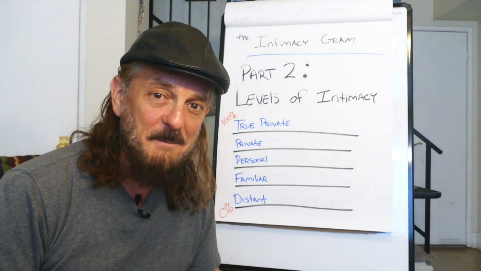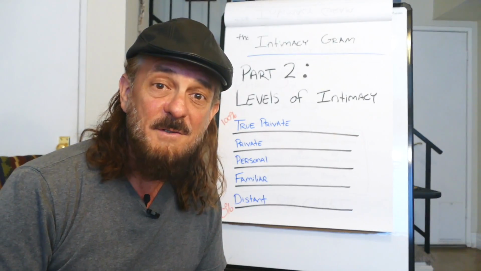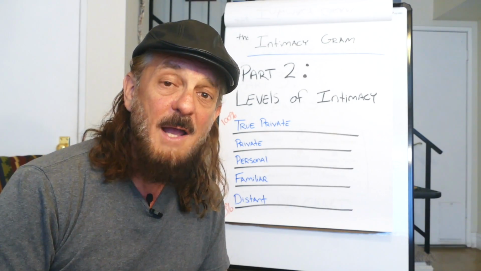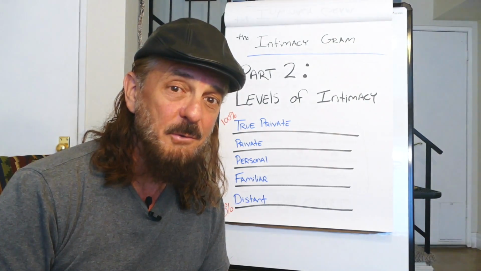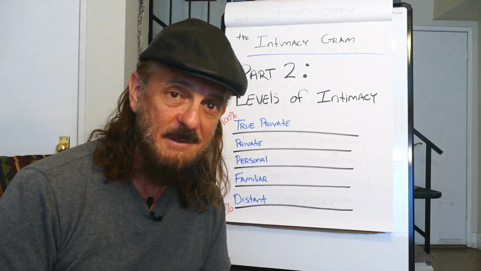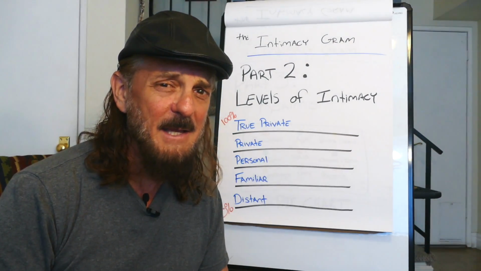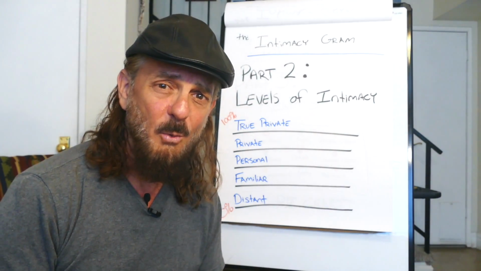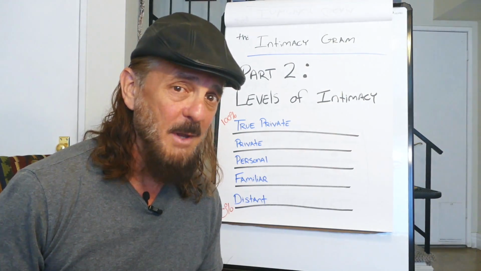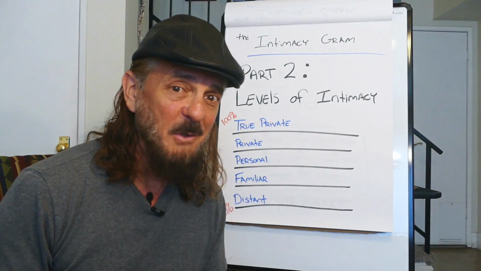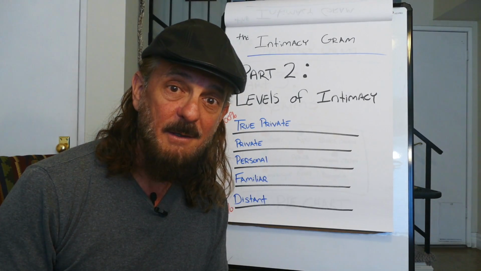The second concept is the levels of intimacy. I have intimacy broken down into 5 different levels, and I like to think of them as bookshelves. So we have 5 bookshelves and we have all these boxes of building blocks. Where do we place each one?